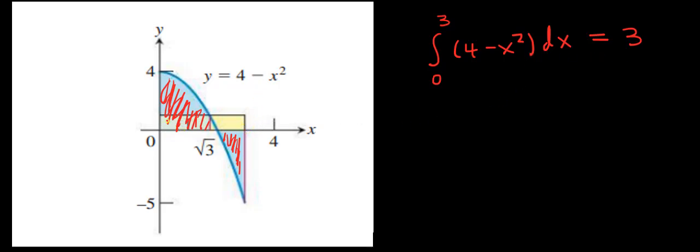And what is the height of the rectangle from 0 to 3? It turns out the height was 1. That was the average value or the mean value, and the width or the length of the rectangle was 3 minus 0. So that was the mean value, 1, or the average value. Now, where does that value occur within the interval? It occurs when x equals radical 3. That's what it means.